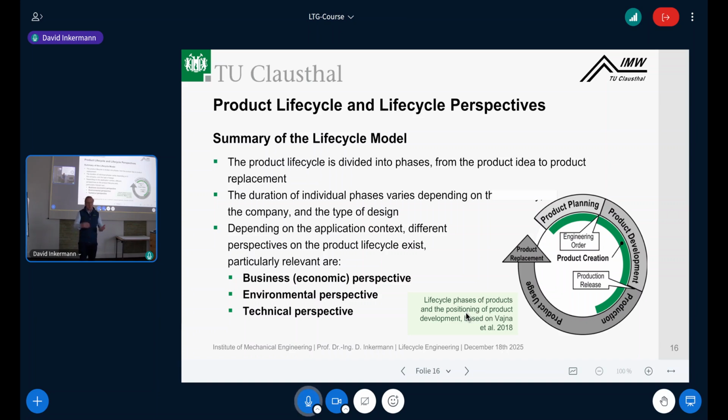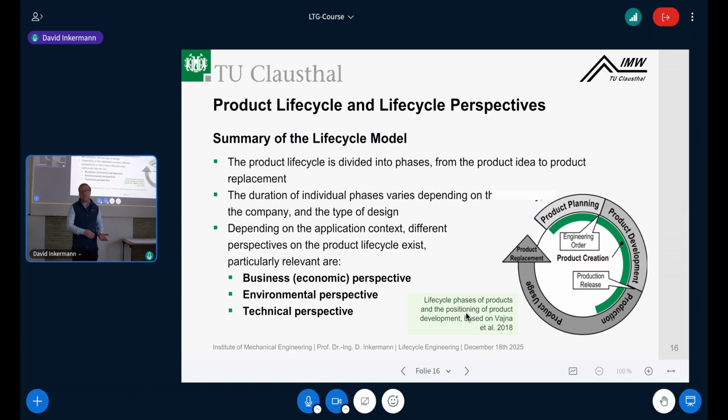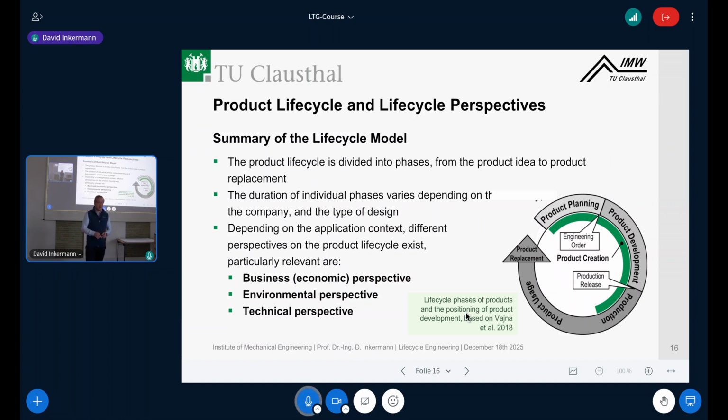And I think you have heard also about the environmental perspective, so that's more about understanding the environmental impact of the product, but there's also a technical perspective, maybe relevant for reliability, and also a business perspective. And this has to be understood and also balanced within life cycle engineering. Yes, and again, you see here this very simplified life cycle model, but like we have analyzed, the durations are different.